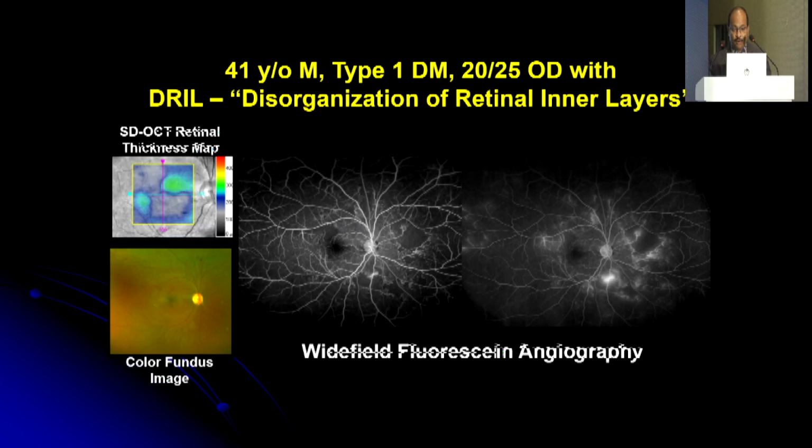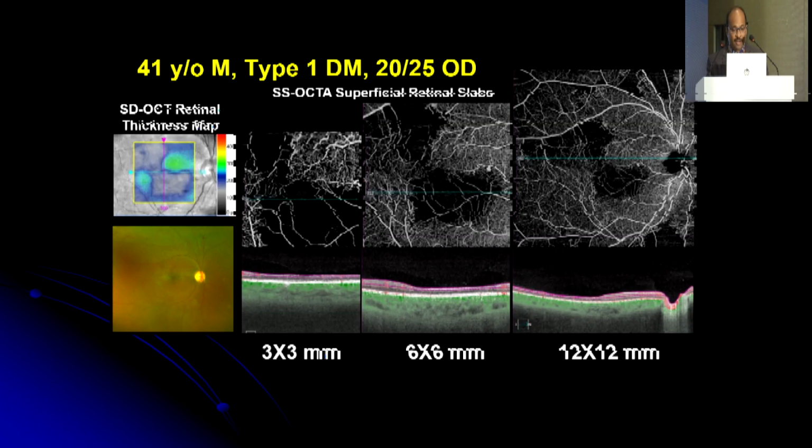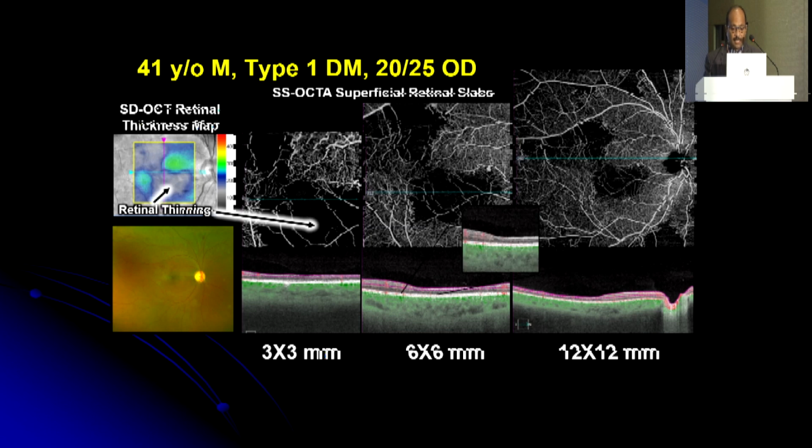Here is an example of a 41-year-old male who has diabetic macular retinal thinning, as you can see here, and this corresponds fairly well to an area of capillary non-perfusion on the 3x3. When you move on to a 6x6, you see that it corresponds well to the retinal thinning on the RPE.